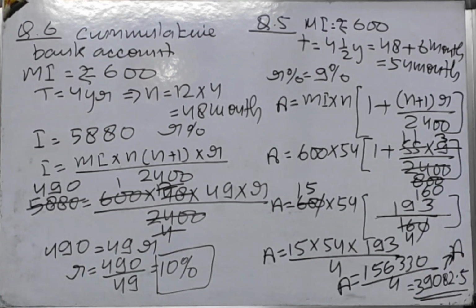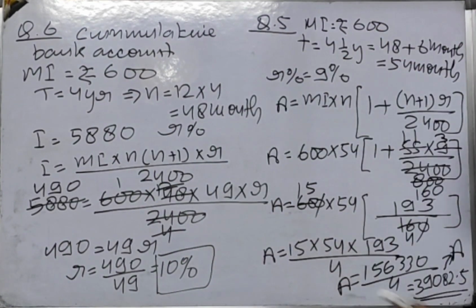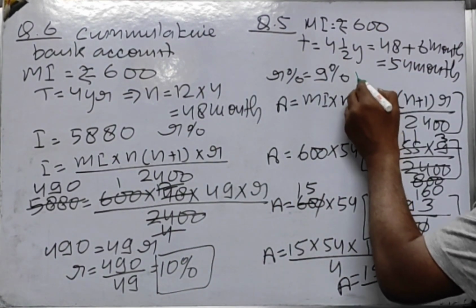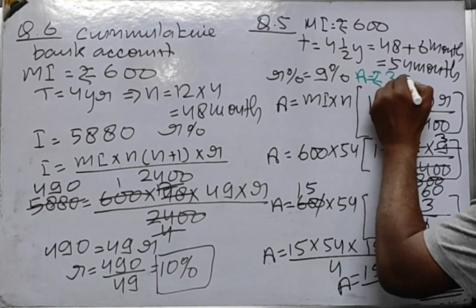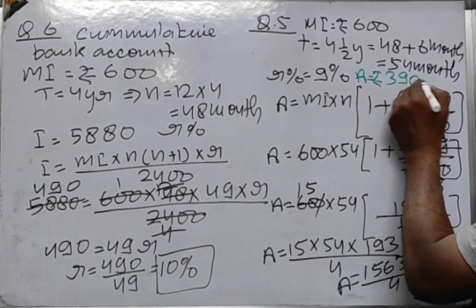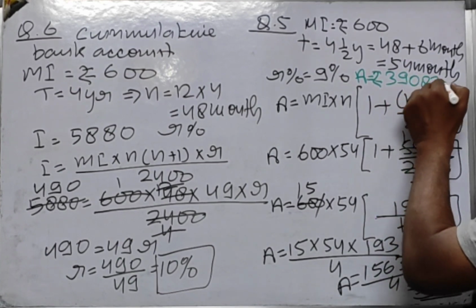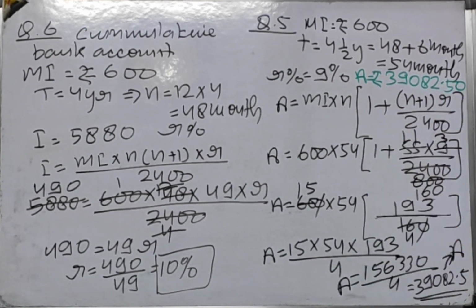Is it correct? So what is the amount? 39,082 rupees and 0.50 rupees. Right? This much.